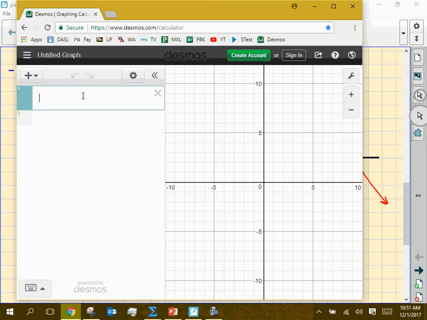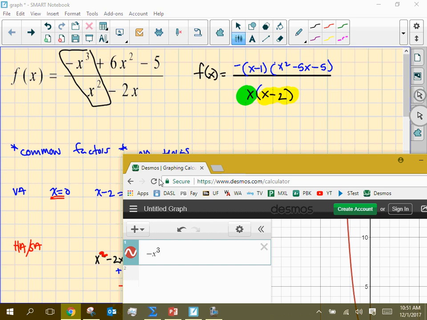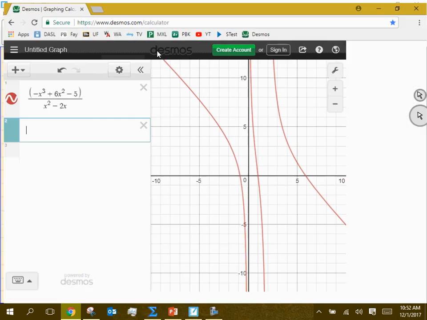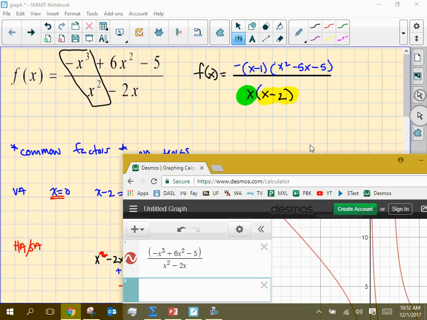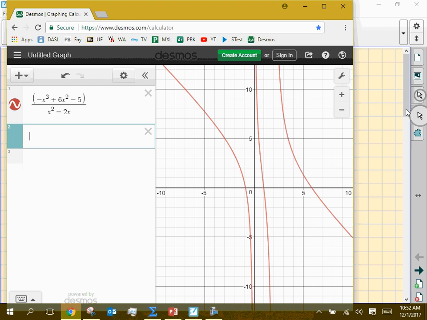All right, so I'm going to type in, we had up top, negative x cubed. Try to find that original function we had. Negative x cubed plus 6x squared minus 5. And then divide that by x squared minus 2x. And we should end up mimicking everything that we found by hand here in our graph.